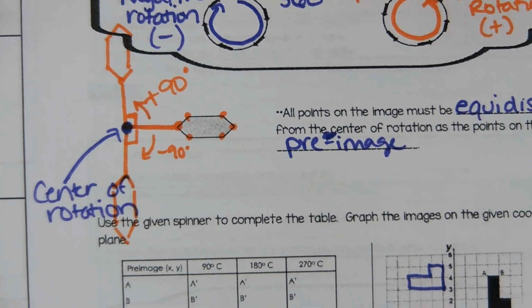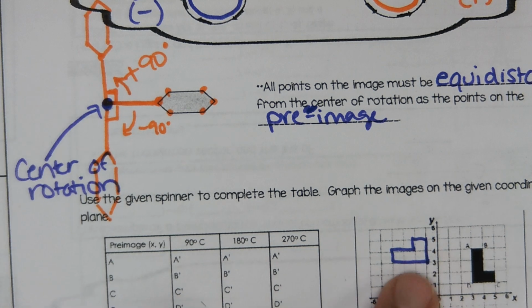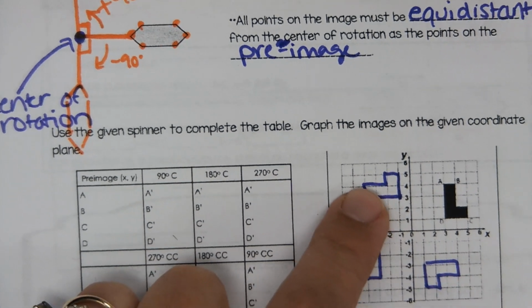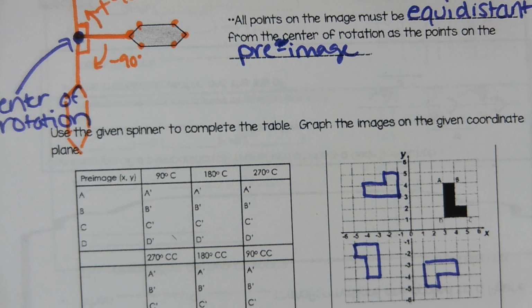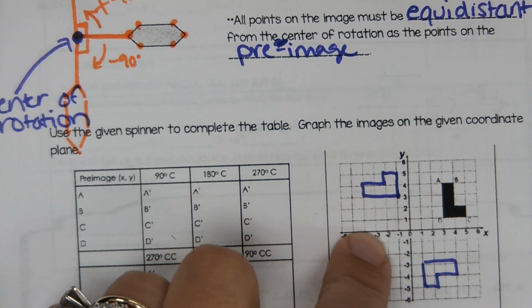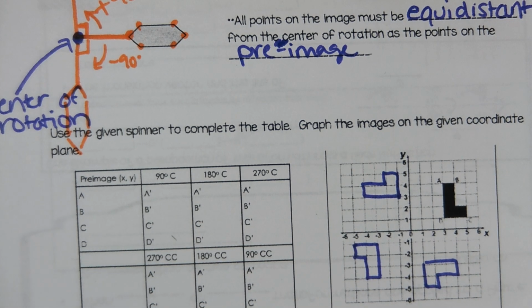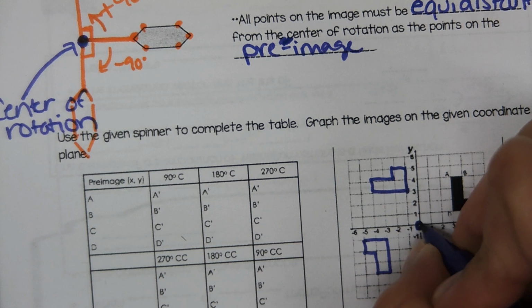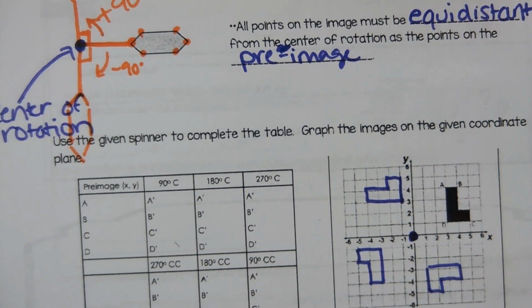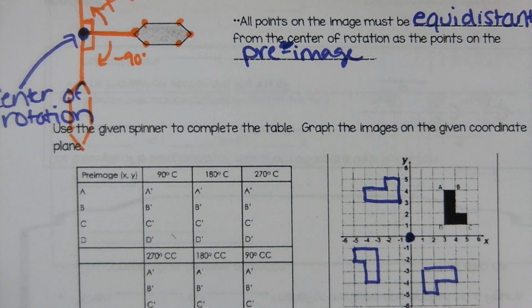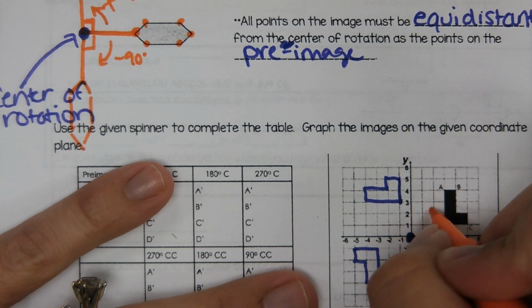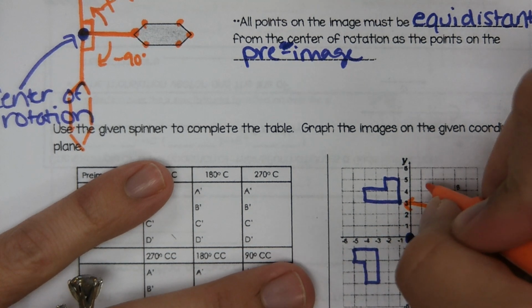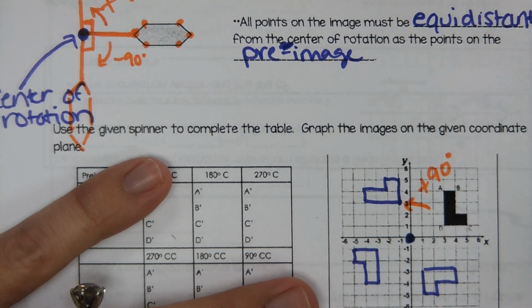Okay, and then moving down here, I have these drawn here, so you might want to sketch those out. This is the original, and it wants to show you visually how the different rotations look. The center of rotation is generally the origin of the graph. So here to here would be a positive 90-degree rotation.